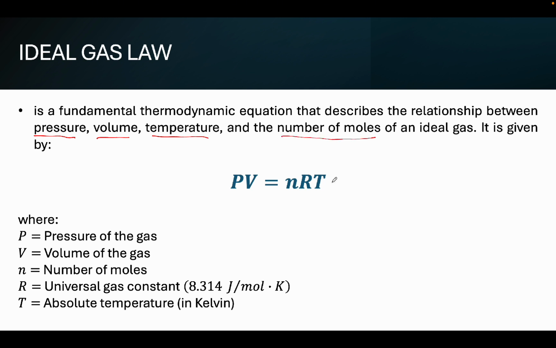So the formula for the ideal gas law is PV = nRT, or P times V is equal to n times R times T. Now P is the pressure of the gas, V stands for the volume of the gas, n is the number of moles of an ideal gas, R is the universal gas constant, which is equal to 8.314 joules per mole times Kelvin, and T is the absolute temperature, which is in Kelvin.